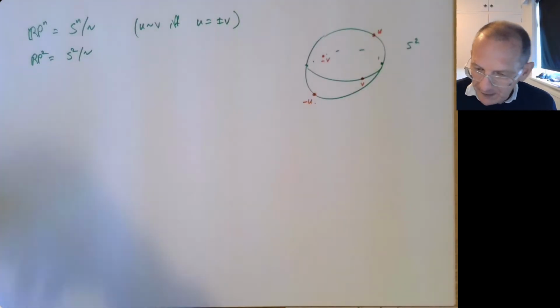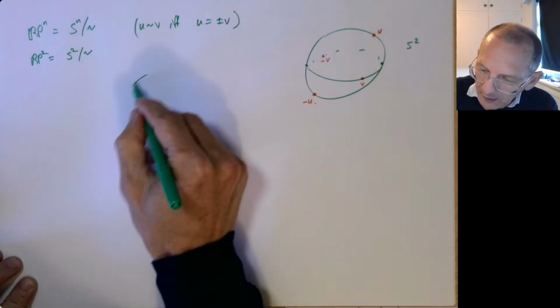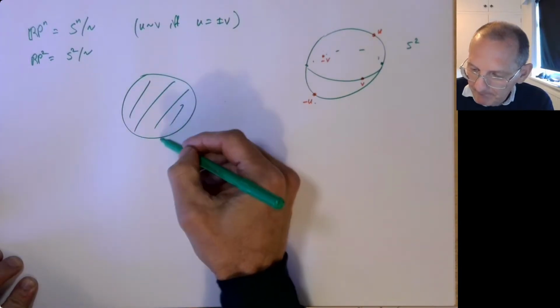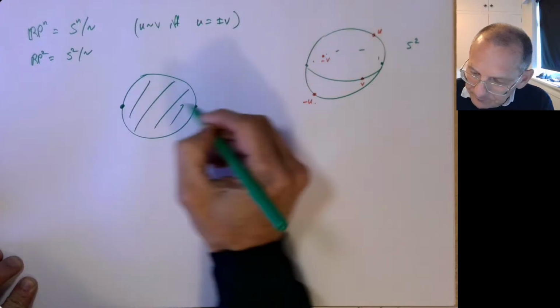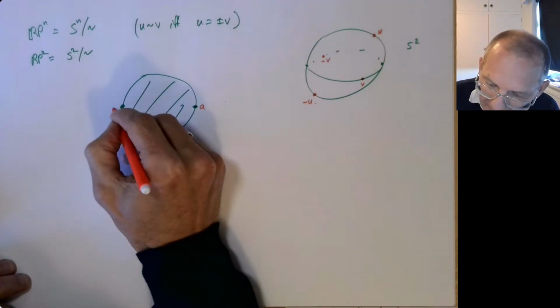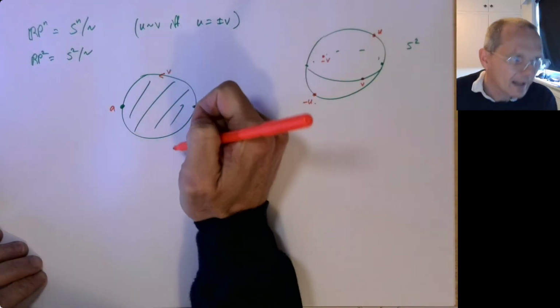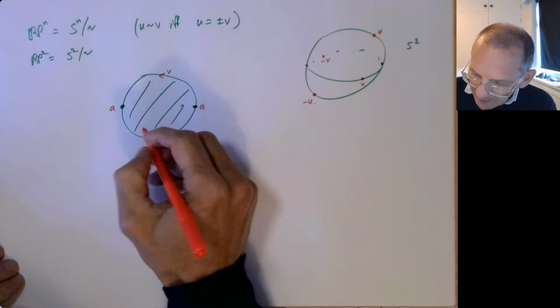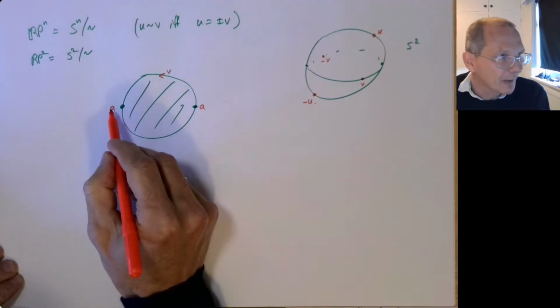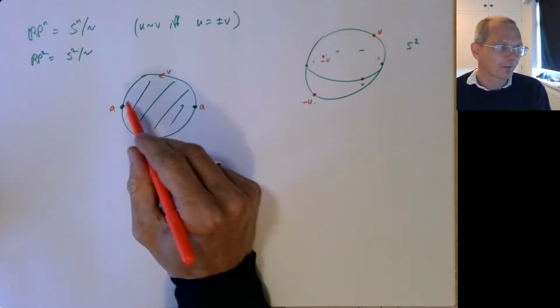But now once we've just got the upper hemisphere, you can flatten that down. The upper hemisphere is homeomorphic to a disk like this, and we're gluing each point on the boundary of the disk to the opposite point. We're going to call this point A and this point A as well, because in projective space we're gluing this one and this one, so they're the same.